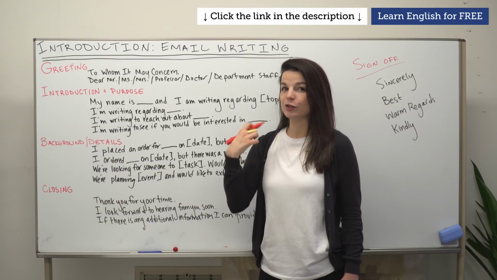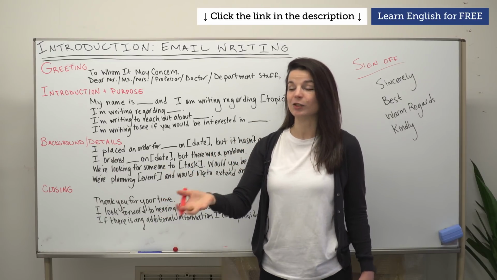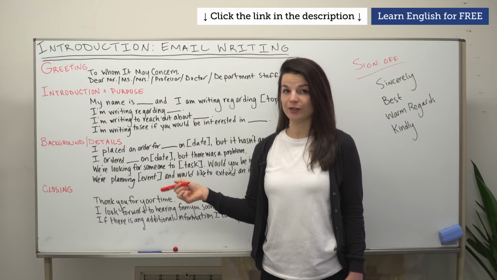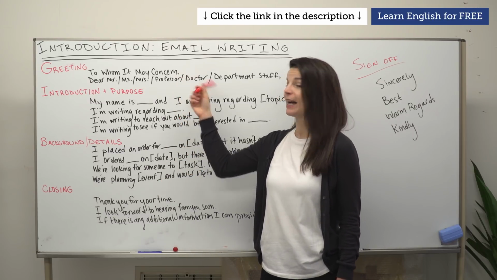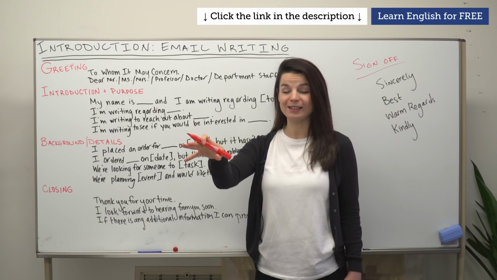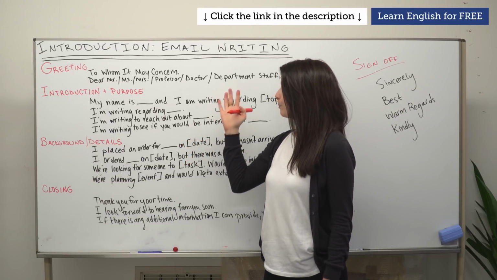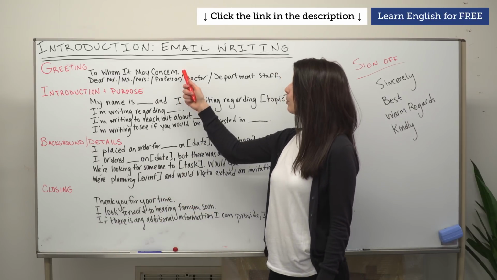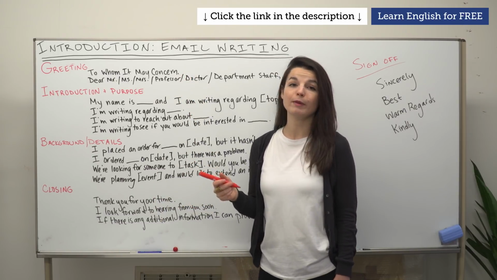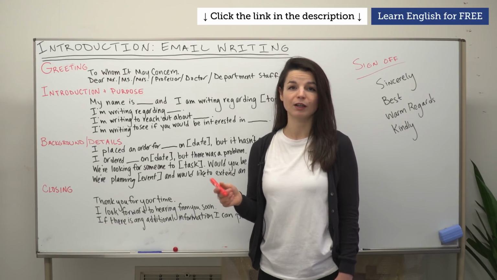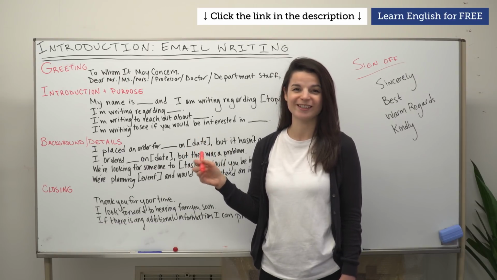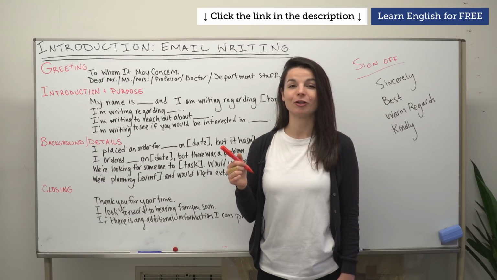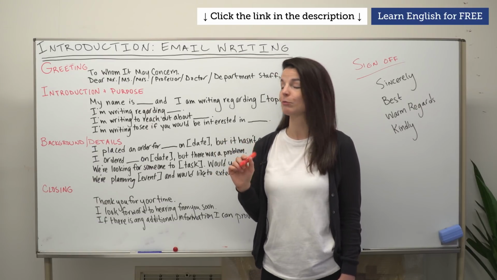So this email is to the person related to this inquiry, to this question. In other words, I don't know who to address this email to, but please give it to the proper person, the appropriate person. This is a polite way to say that. To whom it may concern. We don't use this in speech. Just to whom it may concern is good for opening emails, for your greeting in emails.